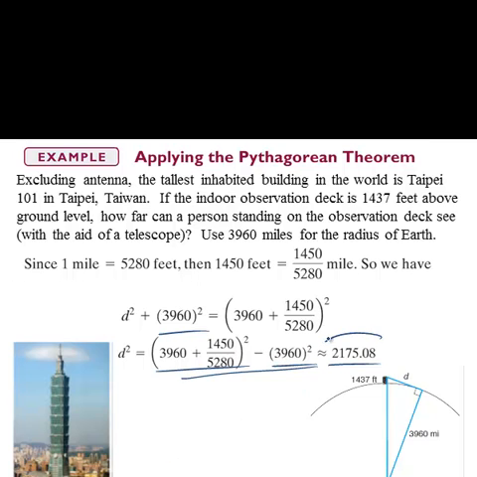So take the square root of this, and you get approximately 46.64 miles. As in, from the top of the building, you can see about 46.64 miles on a very clear day.